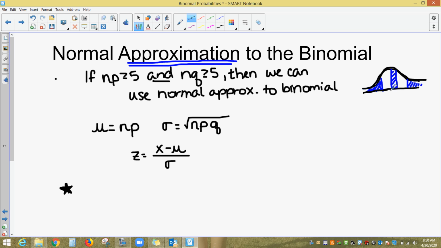We can talk about the area to the right of x equals 3 or 3.1 or 3.125 or 3.01347. So that's part of where the approximation comes in, but we also have to use continuity correction. If we forget to do that, the difference in the probabilities is not huge, but we're still incorrect and we're still going to miss points on a homework, quiz, or test.